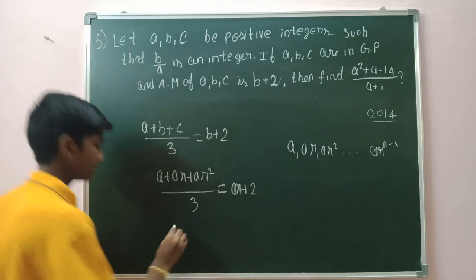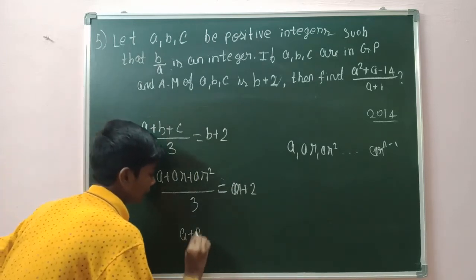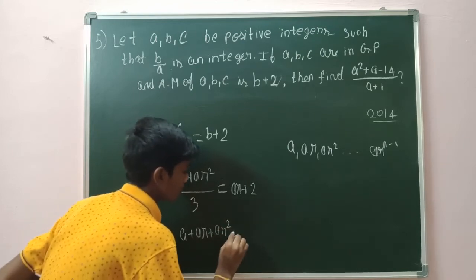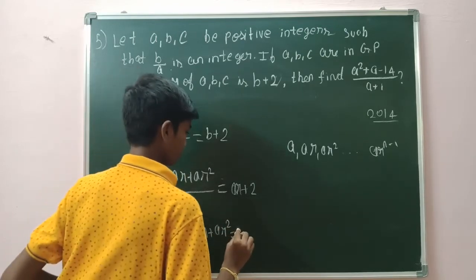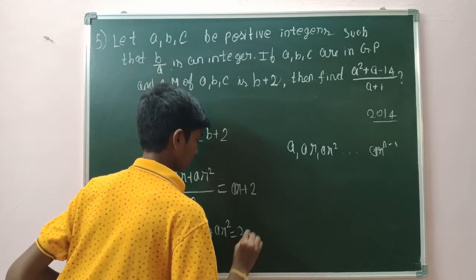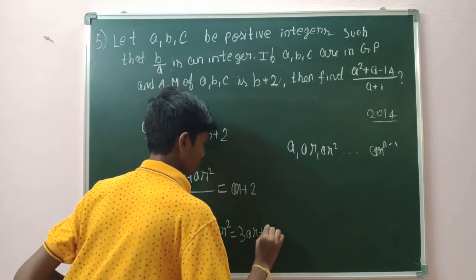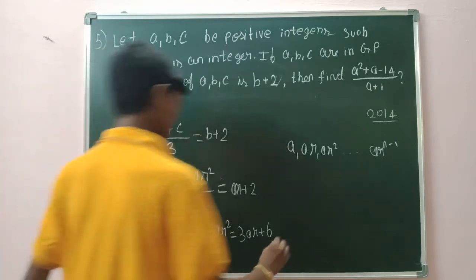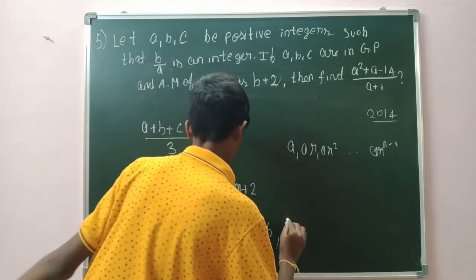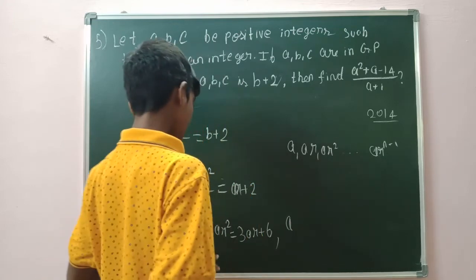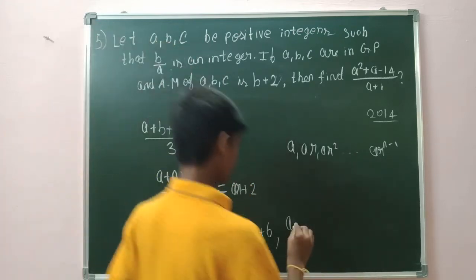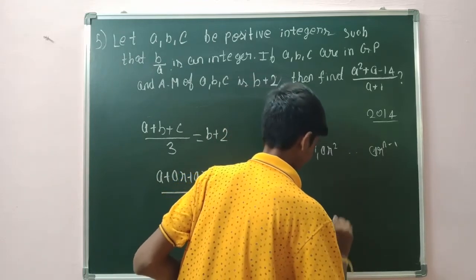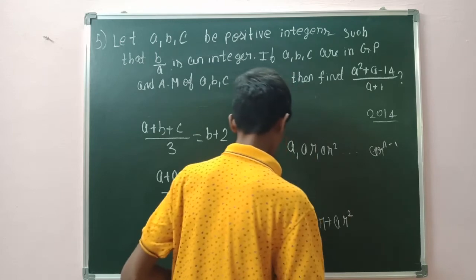So now take the 3 that side, therefore we'll get a plus ar plus ar square will be equal to 3ar plus 6. Correct? Now take this 3ar to this side, therefore I will get a minus 2ar plus ar square, and that will be equal to 6.